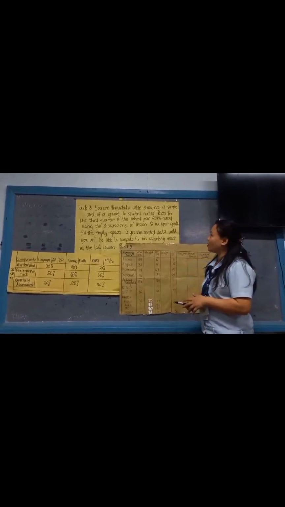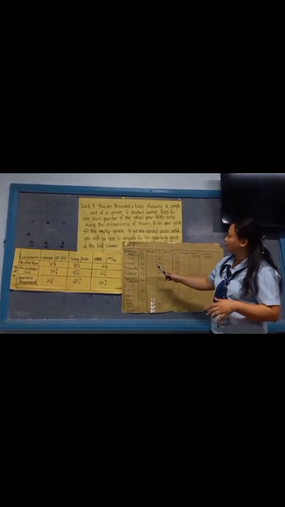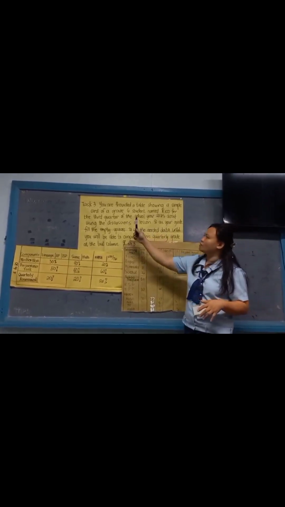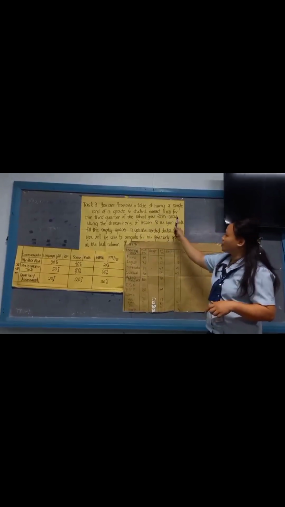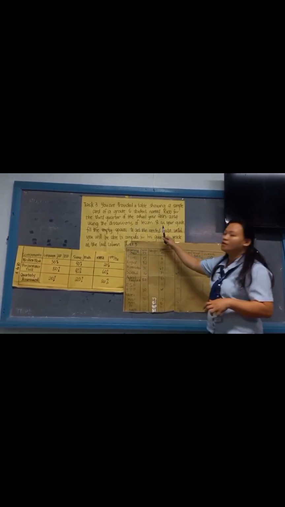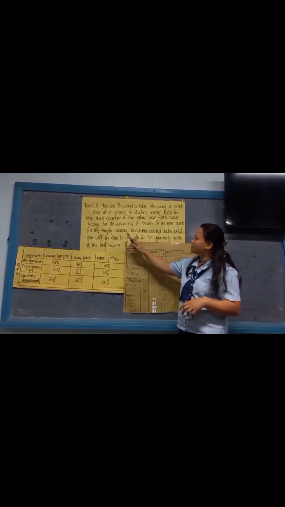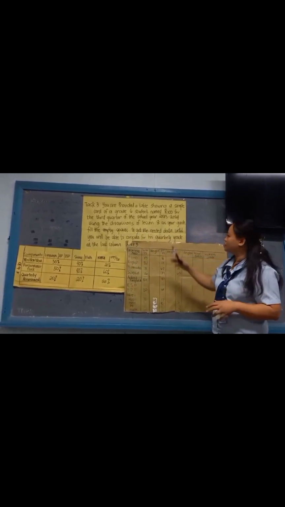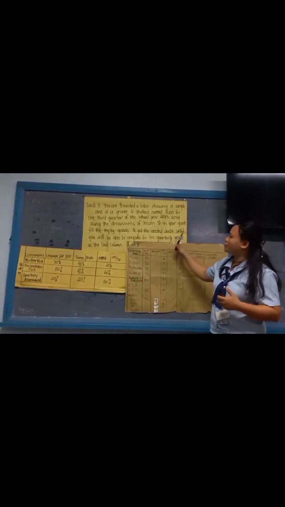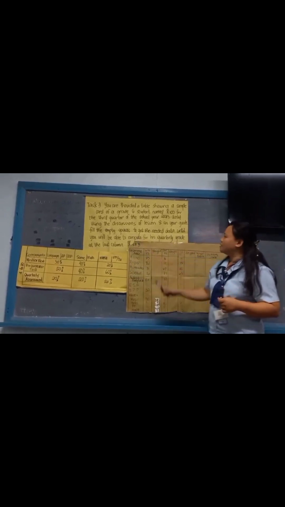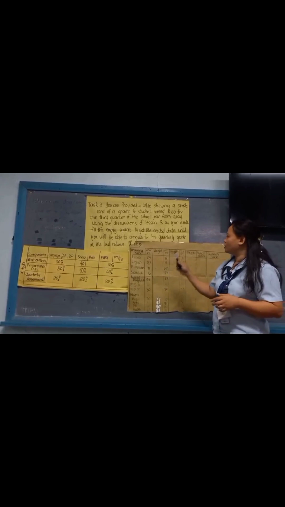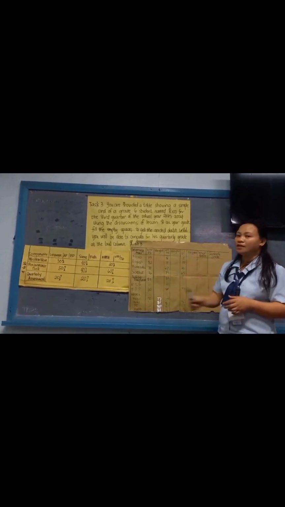So now we're moving on to task 3, where we have a table showing a sample grade of a grade 6 student named Rico for the third quarter of school year 2023 to 2024. Using the discussions from lesson 8 as our guide, fill in the empty spaces to get the needed data until we are able to compute his quarterly grade in the last column.